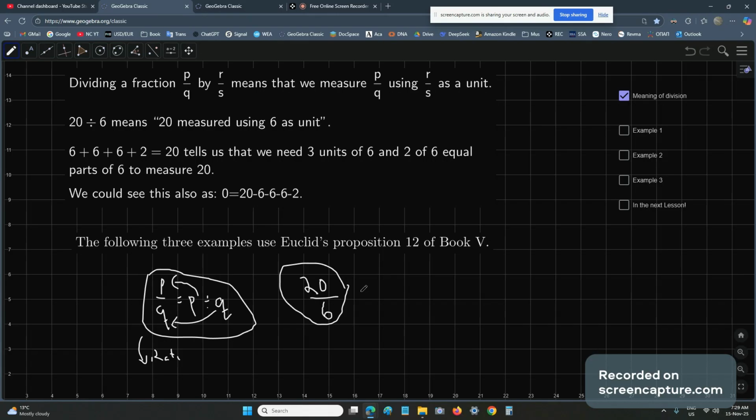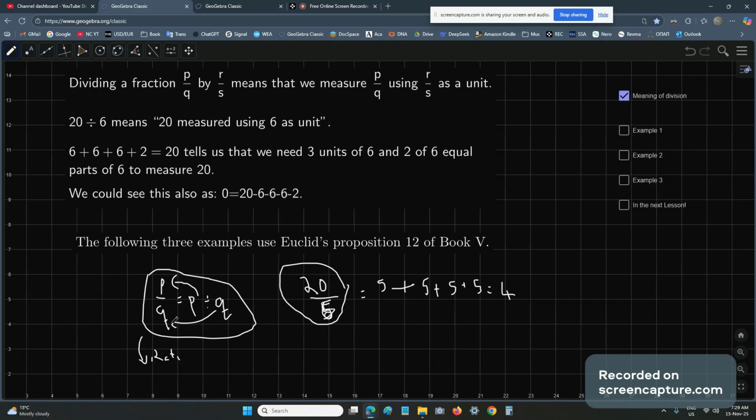You don't have to measure it using 6 as a unit. You can measure it using, let's say, 5 as a unit. And that would be 5 plus 5 plus 5 plus 5, in other words, 4 times, right? Make sense?